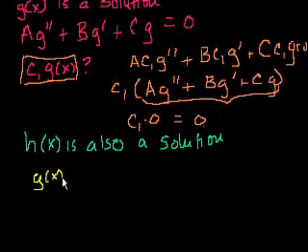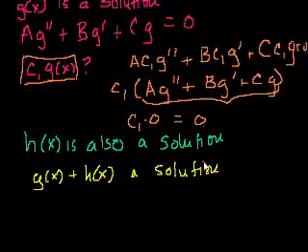So my question to you is, is g of x plus h of x a solution? If you add these two functions that are both solutions, if you add them together, is that still a solution of our original differential equation? Well, let's substitute this whole thing into our original differential equation, right? So we'll have a times the second derivative of this thing.